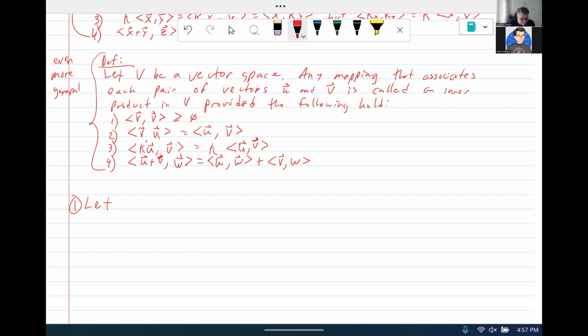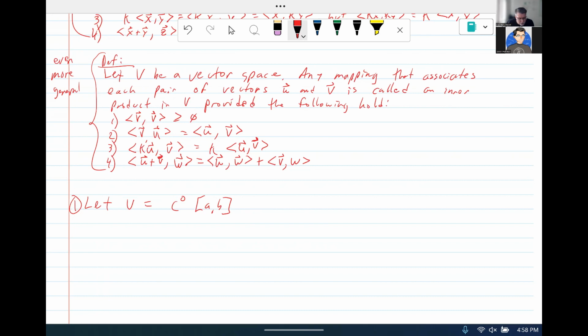Let V equal C0 on AB. So this is the zeroth derivative of, is it zero derivative or zero?